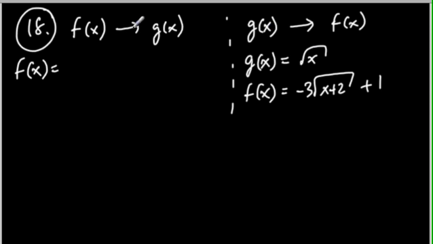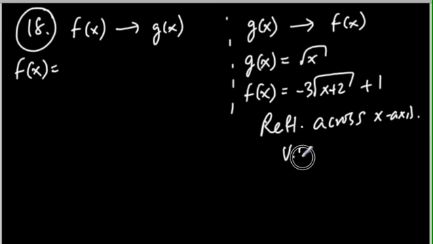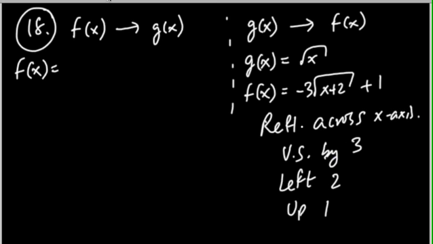All right. So imagine if I'm going backwards. So this is what we're aiming for, but imagine I'm doing the reverse. I'm going from g to f. So what would I have to do? So the first, there'd be a reflection across the x-axis. Then there'd be a vertical stretch by 3. And then I'd go left 2 and then up 1, right?